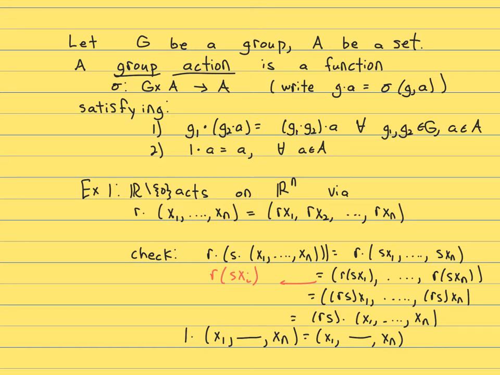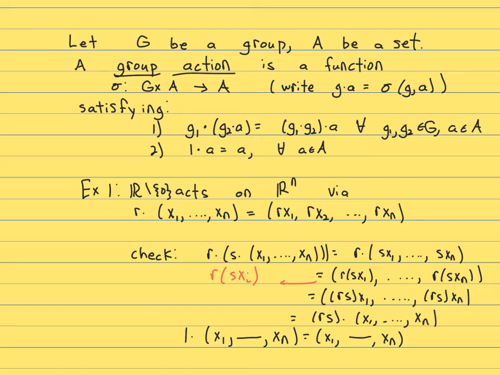But of course, these three are real numbers, and multiplication of real numbers is associative, so that ith coordinate is also r times s times xi, which is what you get if you multiply the n-tuple by r times s.